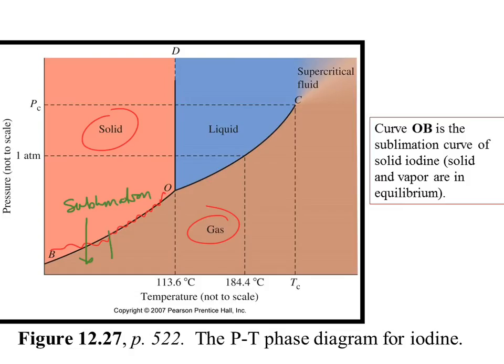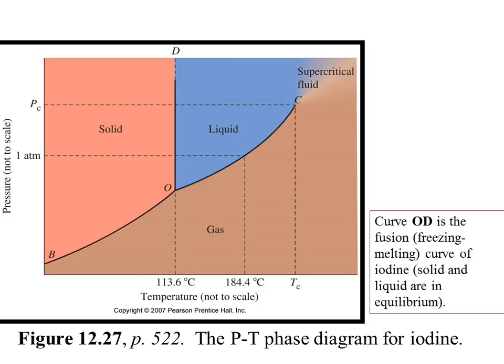And a gas to a solid you could also call sublimation, but I like deposition. I always think of frost as kind of deposition. So that's the corresponding temperatures and pressures at which that occurs.